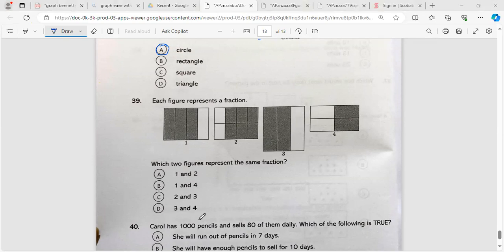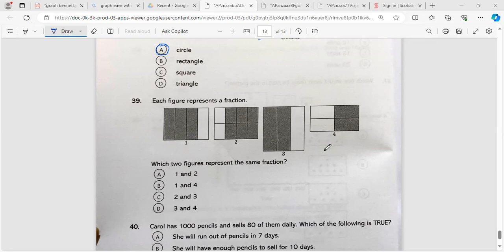Sir, I say A. 1 and 2. I say A as well. I say A too. 1 and 2. Okay. Sir, I say C. Someone said 2 and 3.